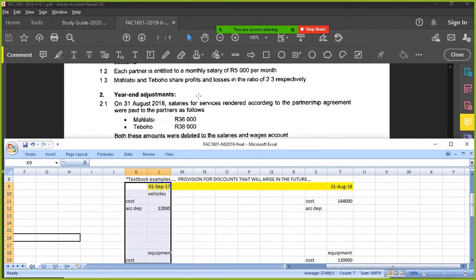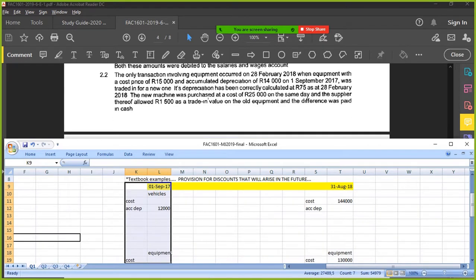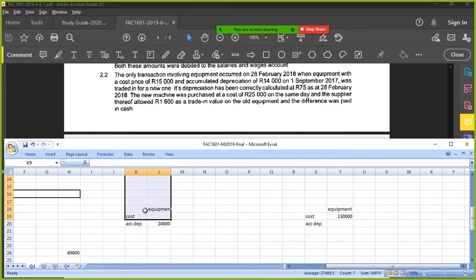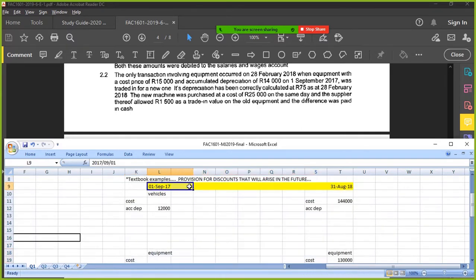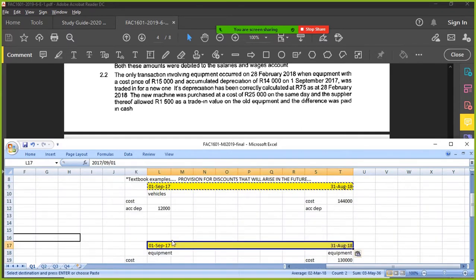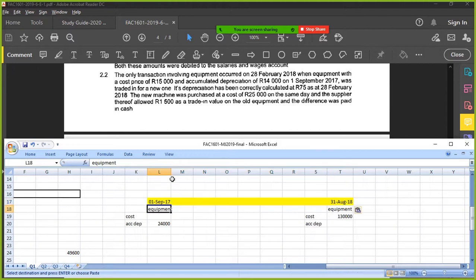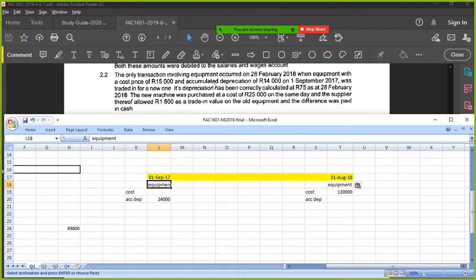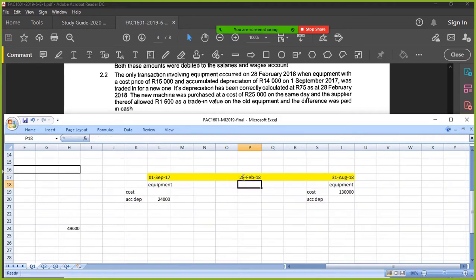Now I can look at it. The only transaction involving equipment. So I'm looking at this diagram. Let's copy this and paste it there as well. 28 Feb 2018. Is 28 Feb during the year? Yes, 28 Feb 2018 is during the year. What happened on that date?